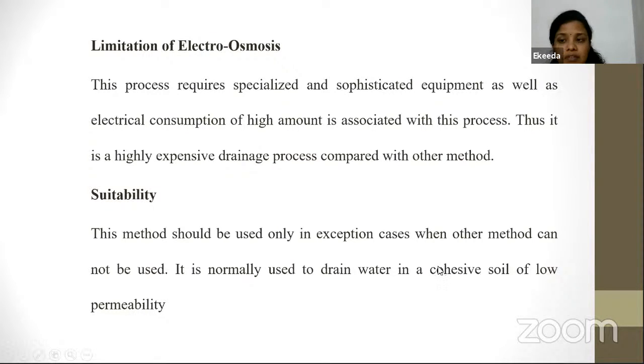So, when you compare with chemical stabilization or mechanical stabilization or physical stabilization, electroosmosis is much more expensive based on the electricity that is required for this process, or the anodes and cathodes installation. All these are the initial cost that is required. So this is a bit more expensive compared to any other method of soil stabilization.